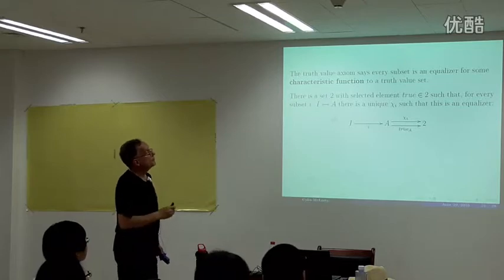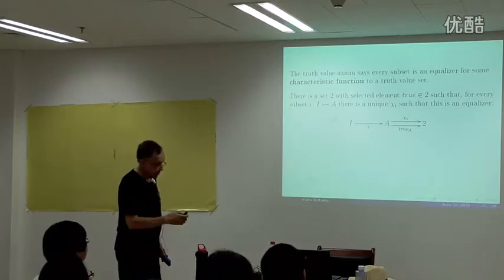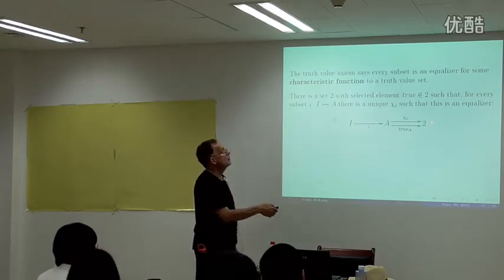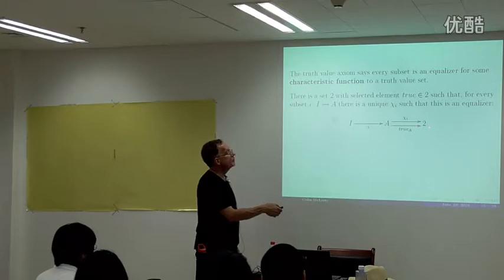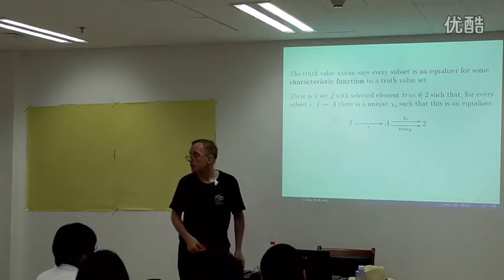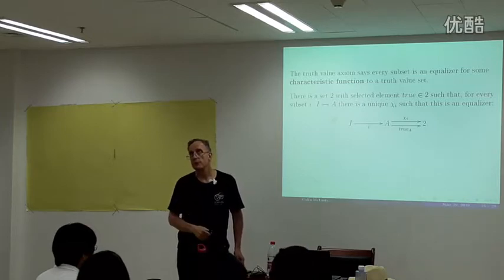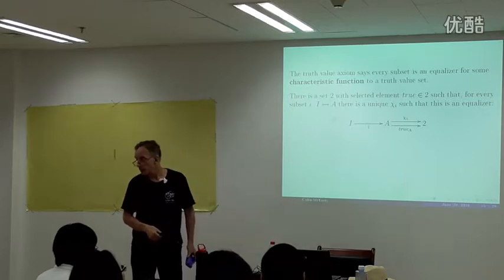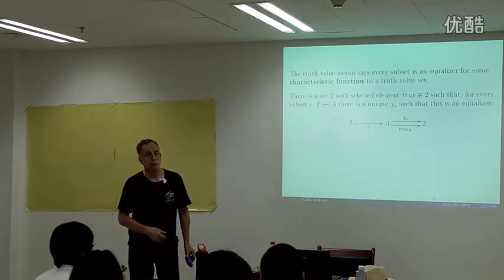It follows, but not from the axioms I've given so far, that there is another element over here, and there's a constant function that takes everything here to that other element. That's the characteristic function of the empty subset of A. Actually, it doesn't follow from the axioms I've given you so far that there are any empty sets. It does follow from the axioms as a whole, but not from the axioms that we've discussed so far.